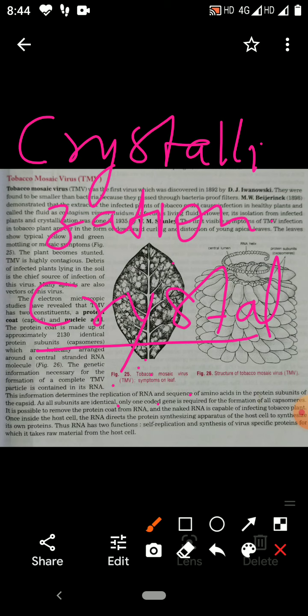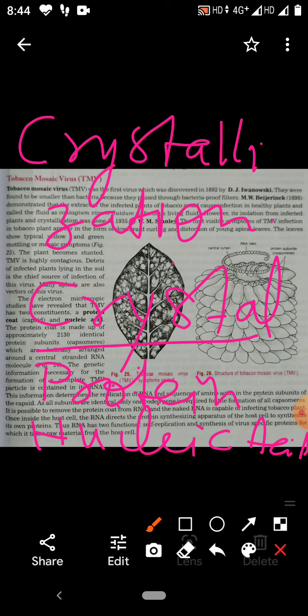Tobacco mosaic virus is made up of two components, two constituents. One is protein and the other is nucleic acid. The nucleic acid which is found in the tobacco mosaic virus is RNA, ribonucleic acid.